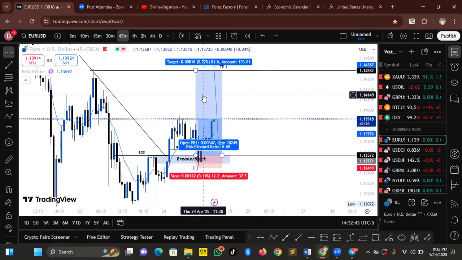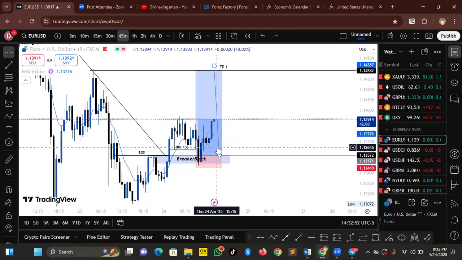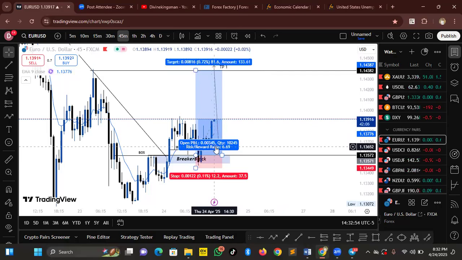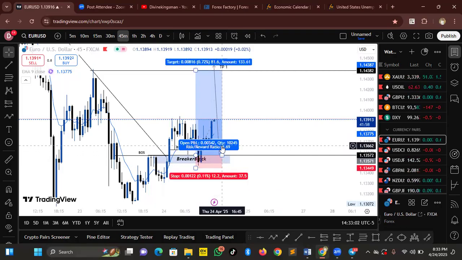So let me just cover this. If you check down here, you're going to see the risk to reward ratio, and you see that it's showing 6.69. What this is trying to tell you is that I'm risking a particular amount of money to make 6 times the amount I'm risking.